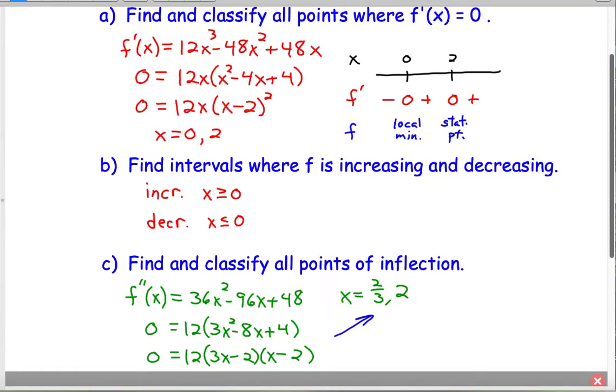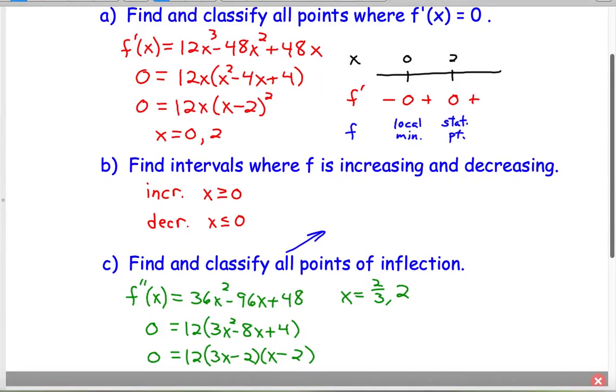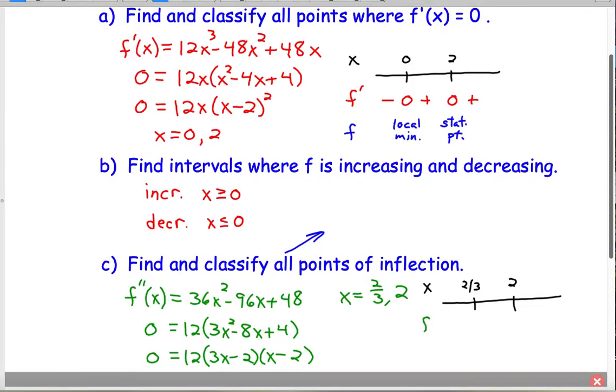All right, let's make our sign chart for this. So I'll put it over here. So we have 2/3 and 2. This is x. And remember now we're looking at f double prime. It's 0 at those two spots. So let's pick a number smaller than 2/3. How about 1/3?